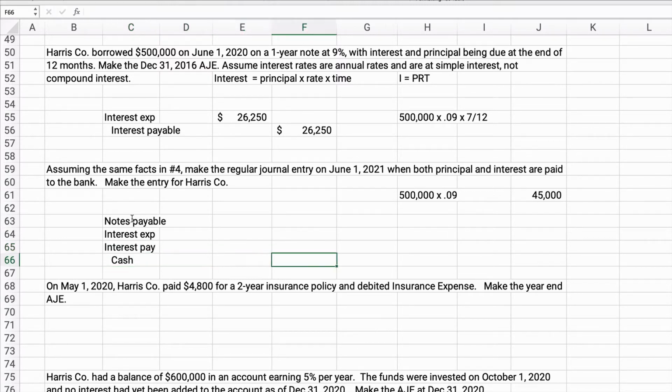Now we know that we're going to pay a total of 545,000. The 500,000 we have to repay, and then we're paying 45,000 in interest. Our notes payable we know is 500,000.